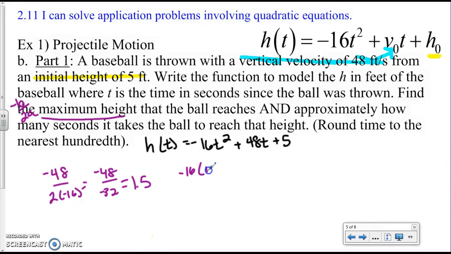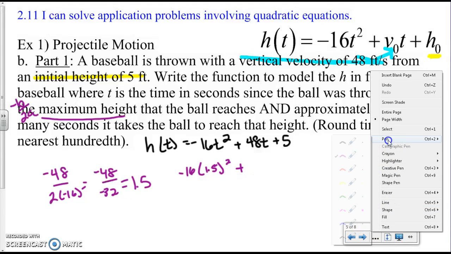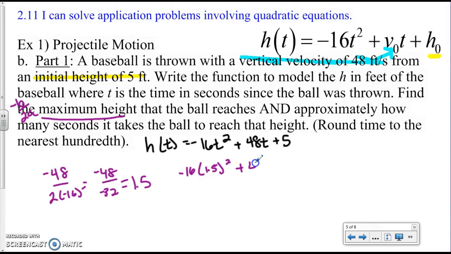Negative 16 times 1.5 squared plus 48 times 1.5, plus 5. Type all of that in your calculator, see what you get. You should get a 41. Okay, so what we just found is our time is 1.5 seconds, our height is 41 feet.